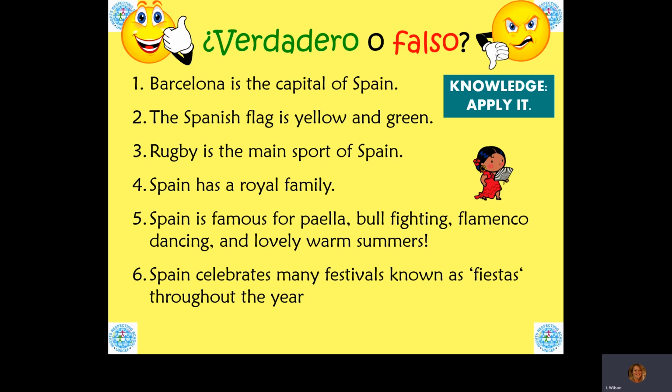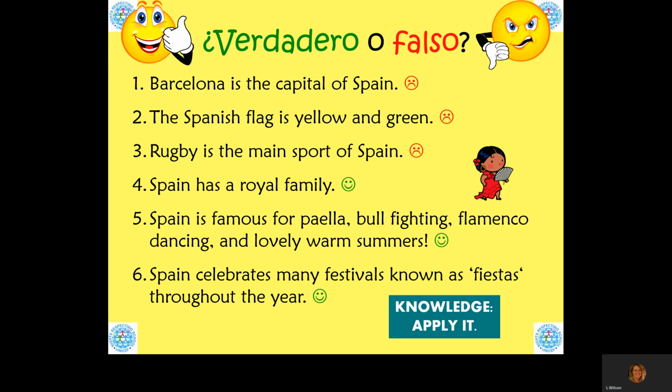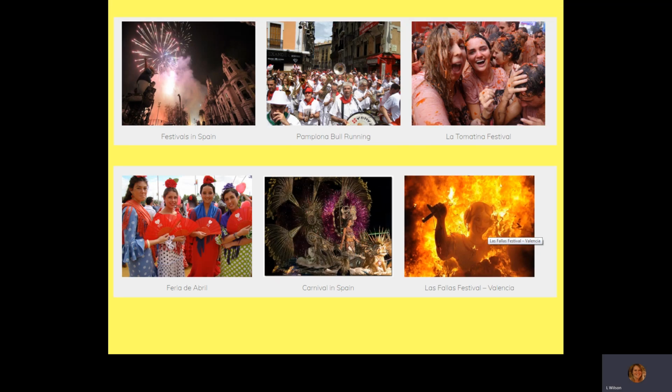Do you know of any fiestas? Well, in all the individual towns and cities in Spain, there are always fiestas happening. And I suppose we would use the English word festivals. So that would be anything from the bull running festival to carnivals to all the religious festivals as well.